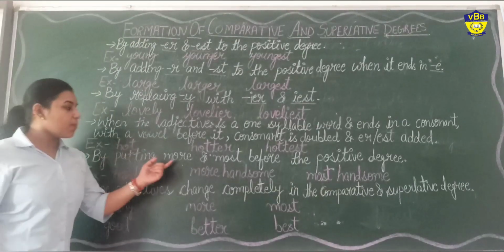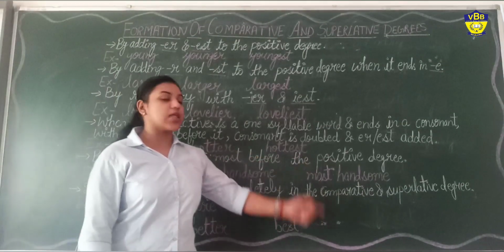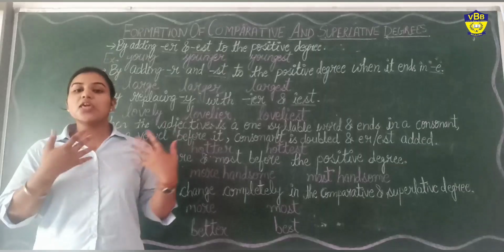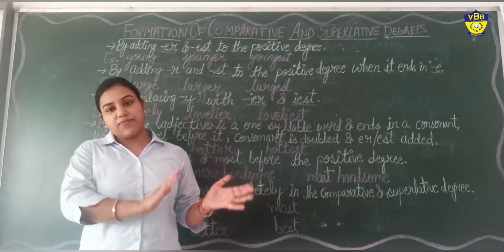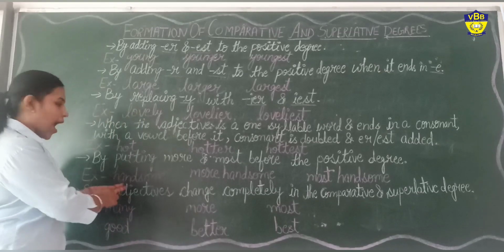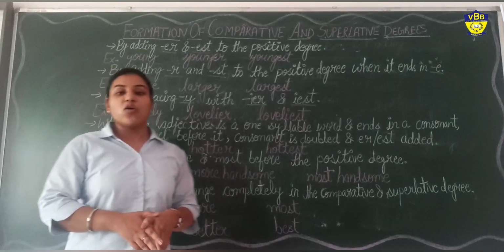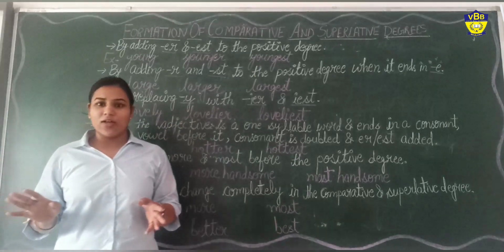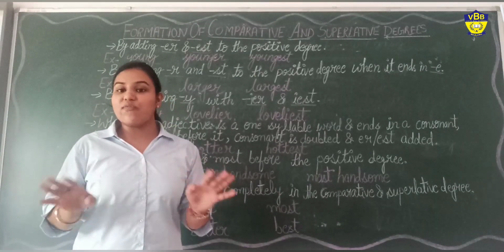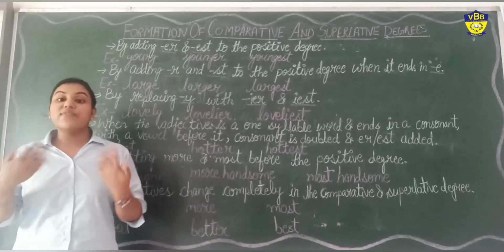Now by putting more and most before the positive degree, we use more and most before the positive degree words. For example, handsome is written here. So now you all are thinking that you have to write handsomer here or handsomest. No, there is no word like this, okay? So what we have to do?